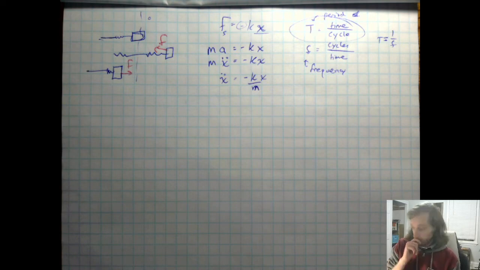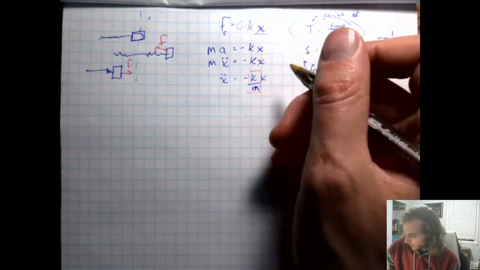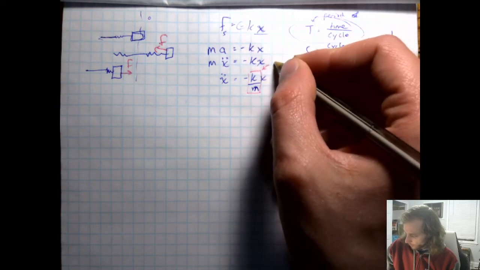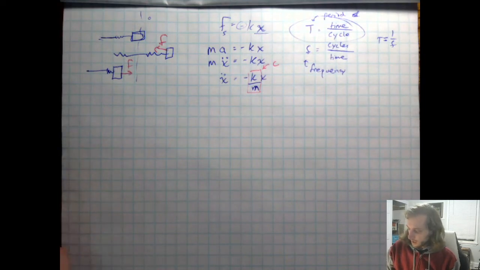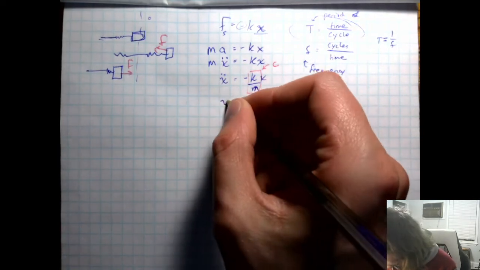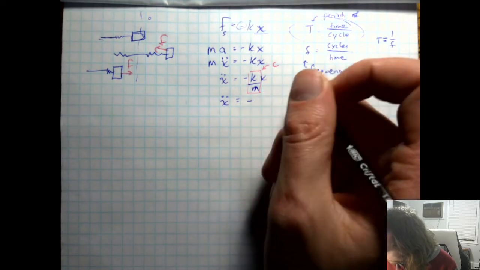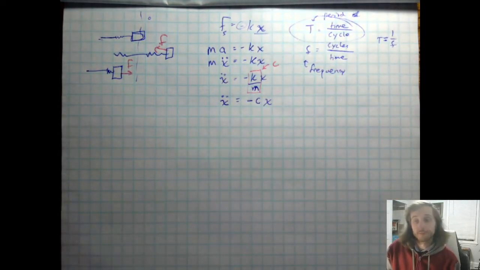So, thinking about the function. If we do something along the lines of a substitution, where I say that k over m is going to be my constant, which I'm going to call c, what I've got is a situation where when I take the second derivative of the thing, I need to get back out negative some constant times the original function.